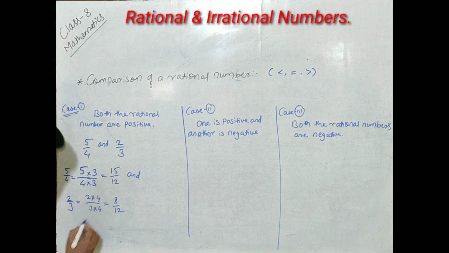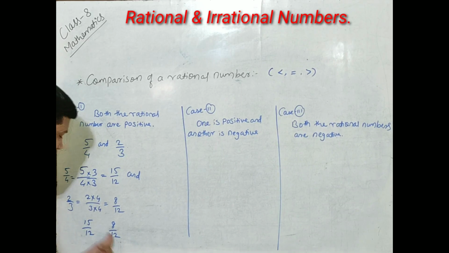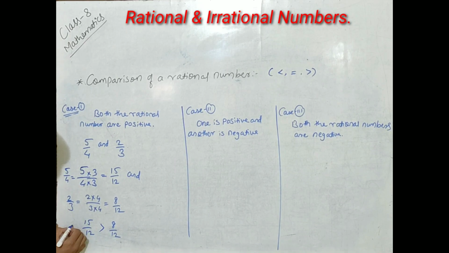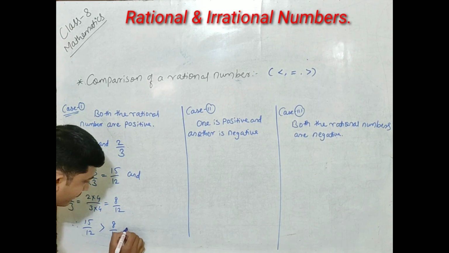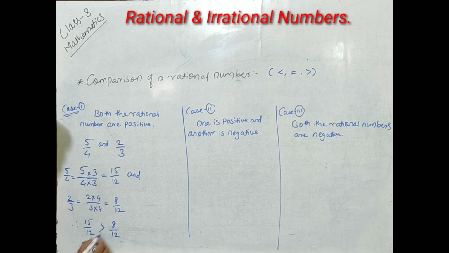If we compare 15 upon 12 and 8 upon 12, which one is greater? Of course the denominators are same, so we compare only the numerators. Here 15 is greater than 8, so 15 upon 12 is greater than 8 upon 12. But 15 upon 12 is equal to 5 upon 4. Therefore 5 upon 4 is greater than 2 upon 3.